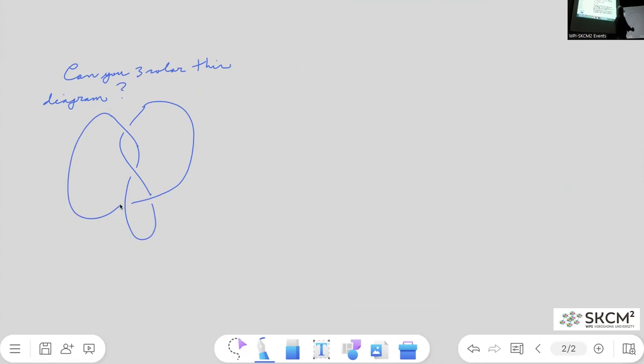This is the figure eight knot. That's its name. It's called the figure eight knot. I'll put a table of knots into the Google Drive for you later today. And then you'll see that this is the second knot on the table of knots. I'm giving you a little time to try coloring it.